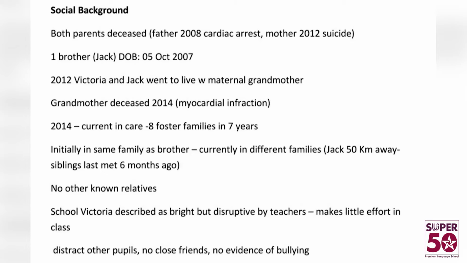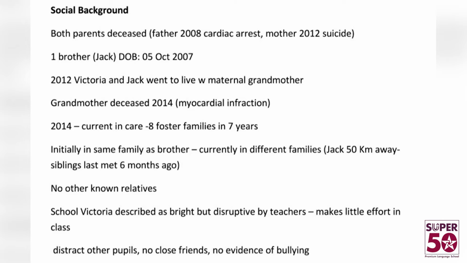In 2012, Victoria and Jack, her brother, went to live with their maternal grandmother. Grandmother deceased in 2014 due to myocardial infarction. In 2014, currently in care, 8 foster families in 7 years. Initially in the same family as her brother, currently in different families. Jack is 50 kilometers away, siblings last met 6 months ago.